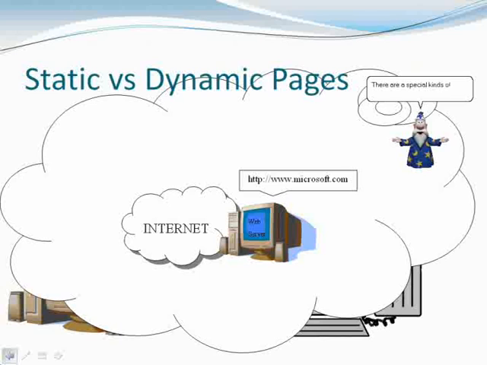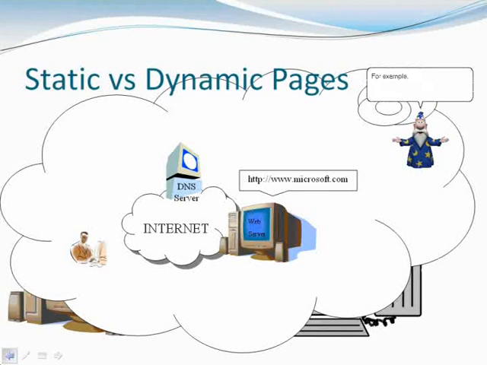There are special kinds of web servers called DNS servers. The DNS servers are the ones who know the relationship between a domain name like www.microsoft.com and the particular web server that hosts these pages. You can think of DNS servers as a lookup service. For example, say someone is looking for the page snippage.html on some domain.